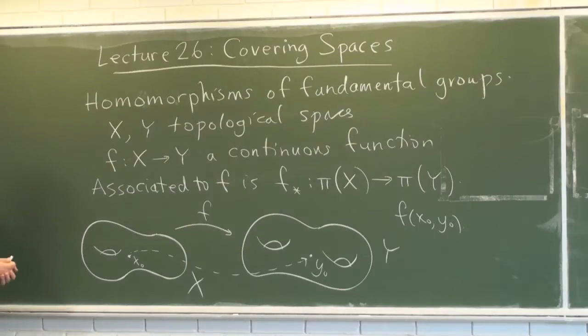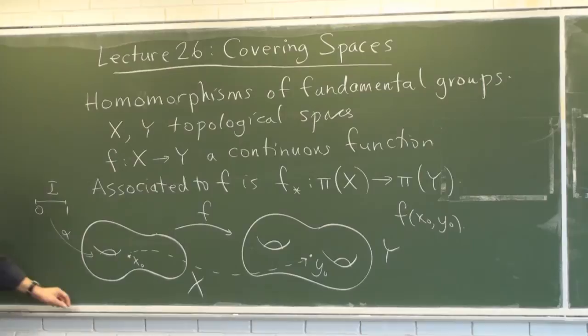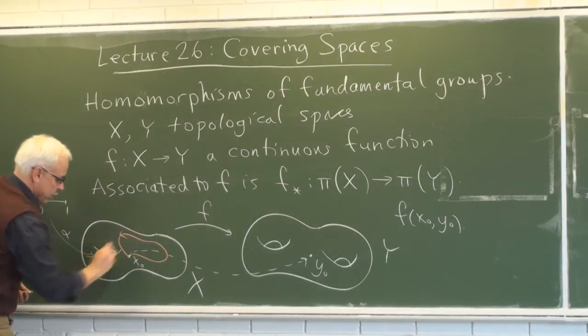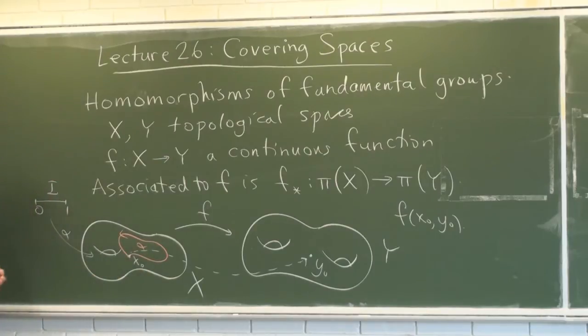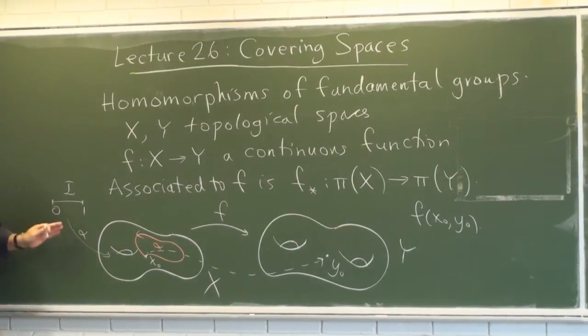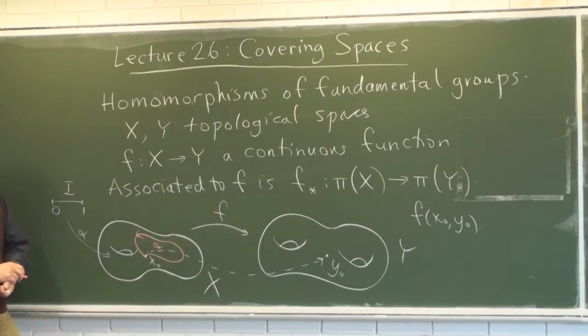Well, let me remind you that the objects of the fundamental group are loops based, say, at x0. And a loop is really a map from the interval [0,1] into the space, say alpha. And we can picture it, for example, like this. Okay, so here is the loop alpha, which is really a function from the interval into X. All right, so how are we going to use this setup to get a loop in the space Y?